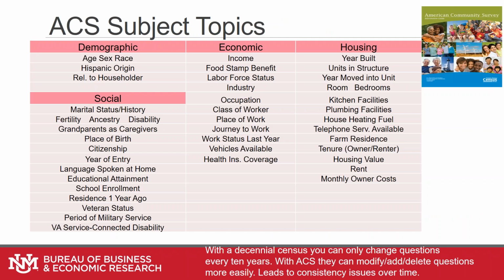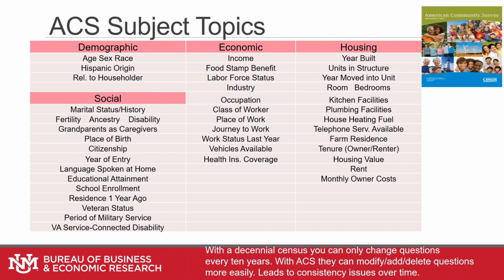Well, it really does depend on what you're using the data for. If you need very specific data, say on citizenship or language spoken at home, you actually want to use the American Community Survey, because the decennial census only asks 10 questions, maybe 11. But the American Community Survey has many more questions. It's almost 60 questions long.